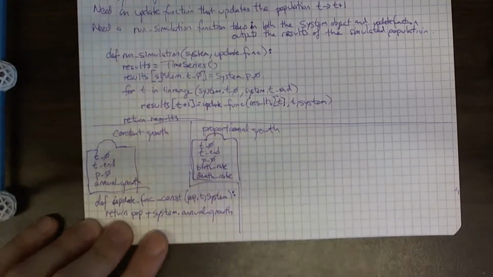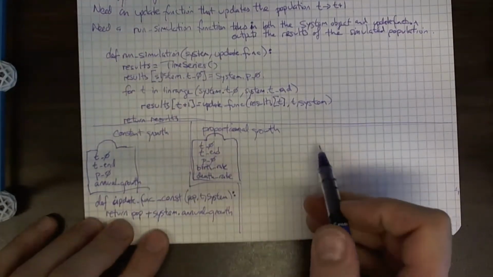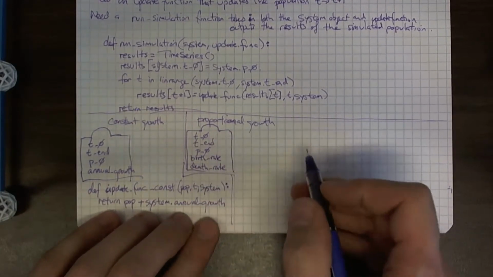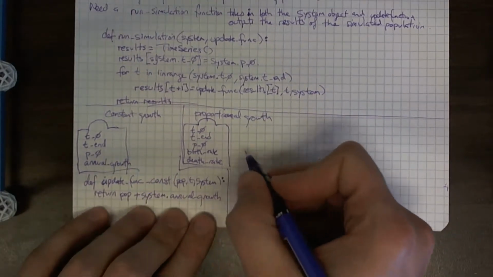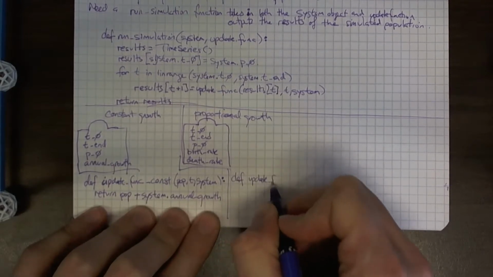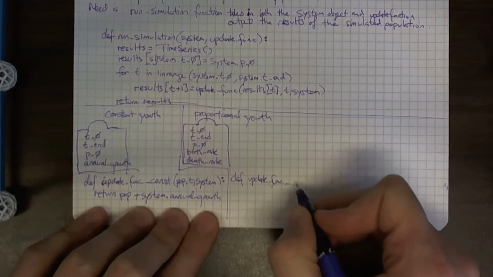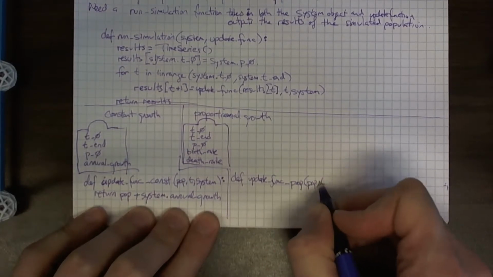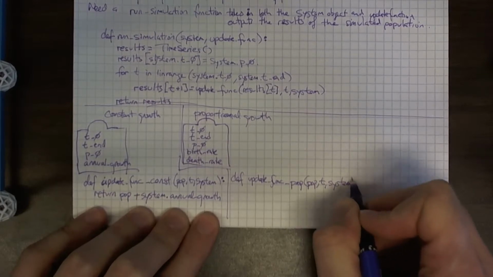These are the system variables that need to be in the system object. We define the update function for proportional growth of population, t, system.